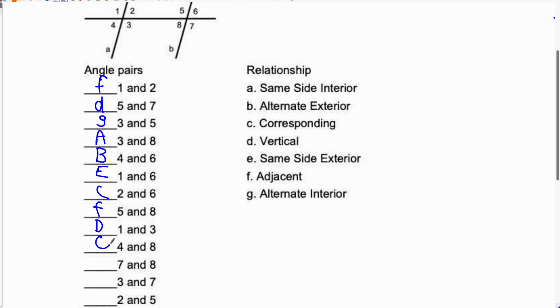Corresponding. They're in the same spot. 7 and 8. Adjacent. They're next to each other. 3 and 7. Corresponding. They're in the same spot. 2 and 5. Same side interior. Okay, A.